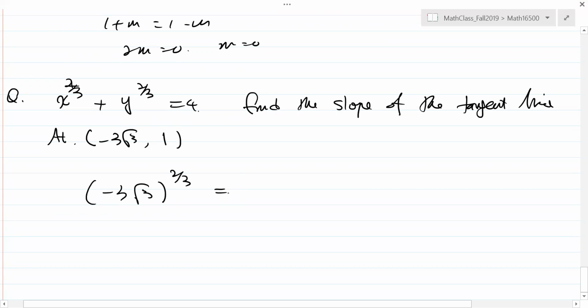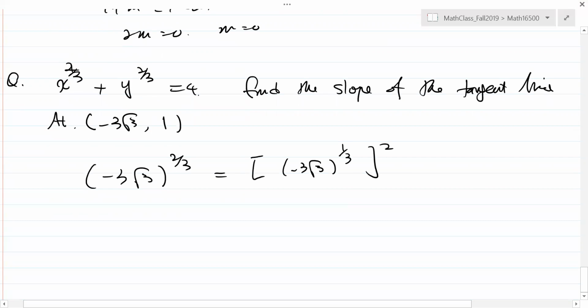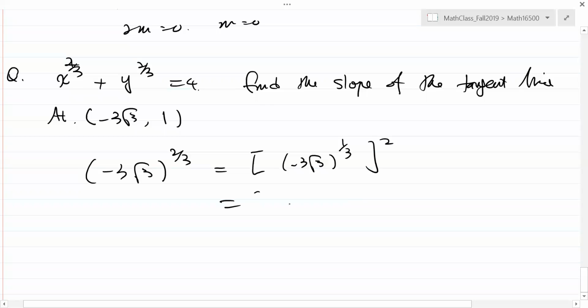I think a negative sign would be gone. It is going to be negative 3 square root 3 to the 1/3, by definition it's squared. So the negative sign can be taken out when you square it. So it's going to be just 3 square root 3.